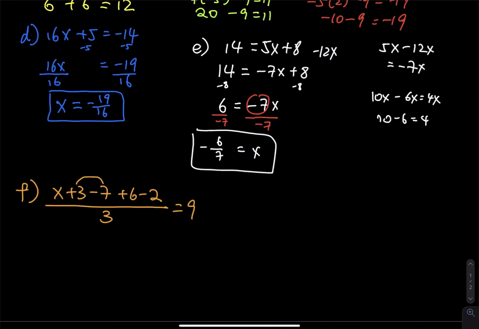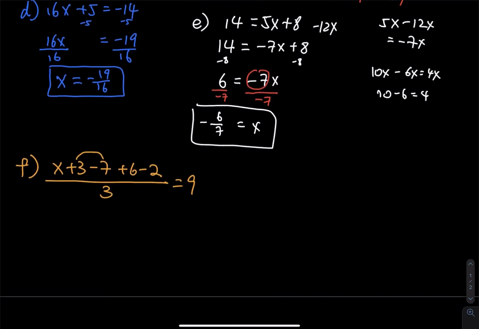At the end of the day, you just get a 0. So that means all the constant values in the numerator cancel. So you have x plus 0 divided by 3 equals 9, so x divided by 3 equals 9.